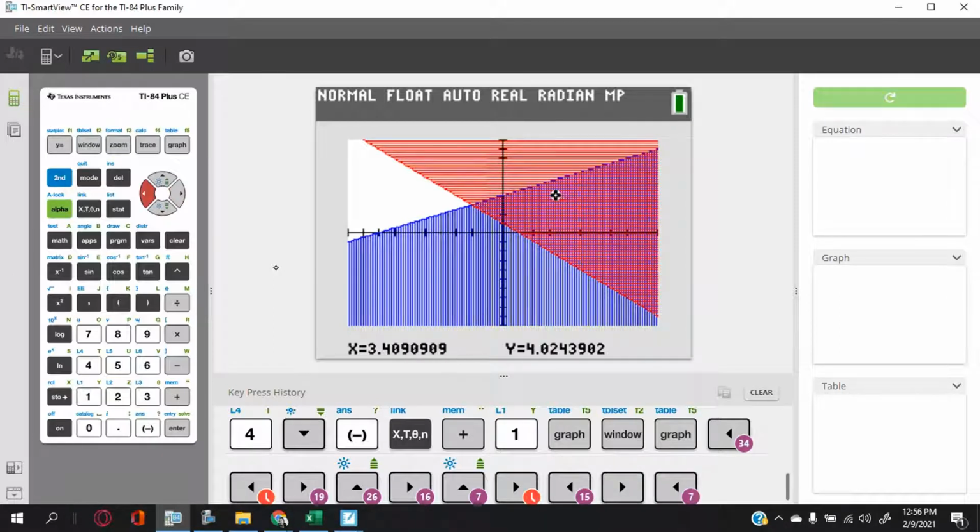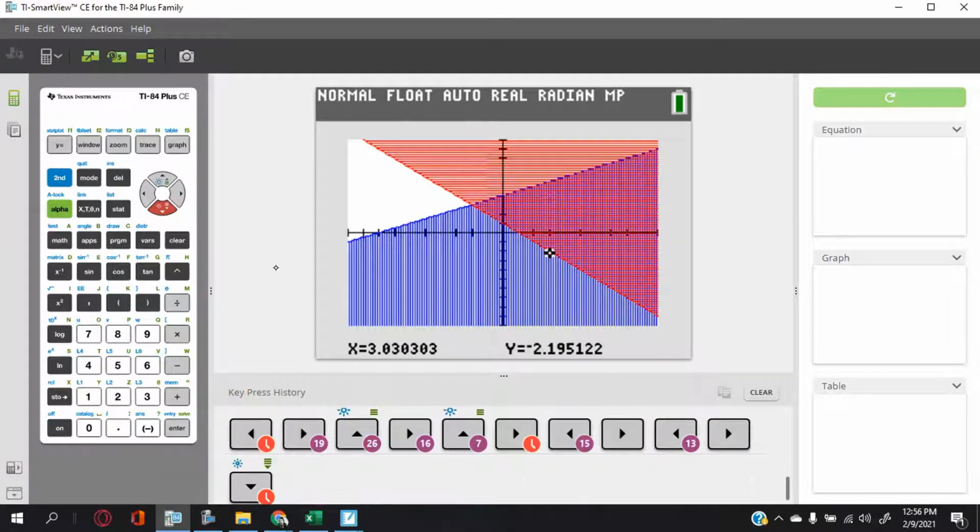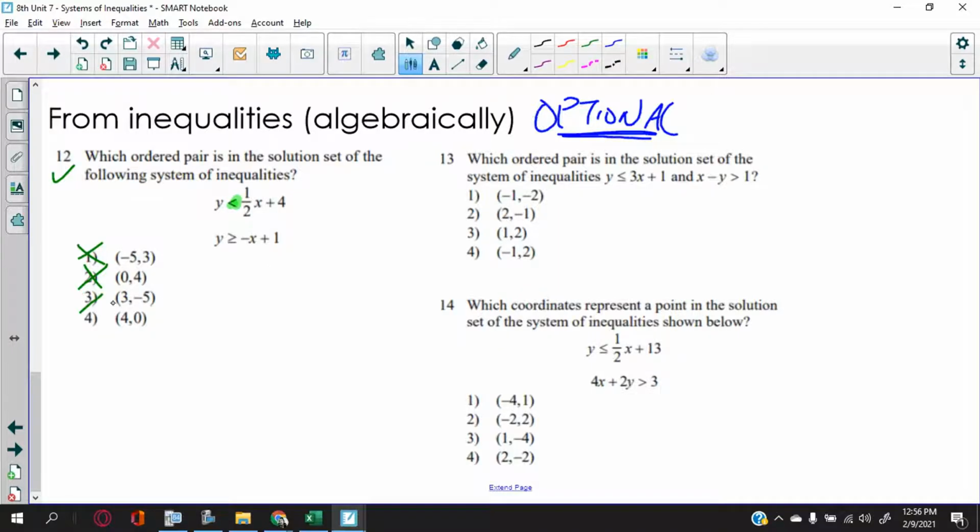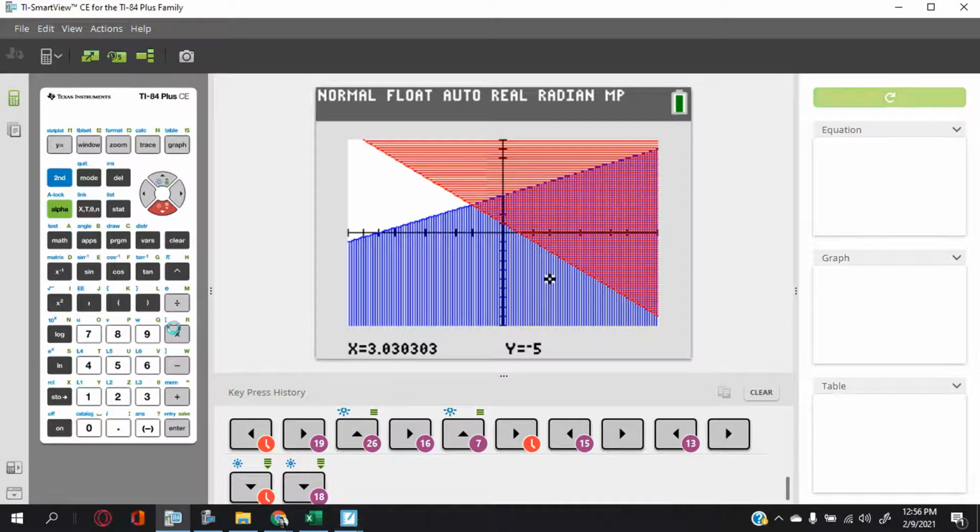Let's see, 3, 3. Okay, negative 5. By the way, you don't have to keep clicking every time. You can just hold the down button. Nope, that's blue only. And then 4, 0.